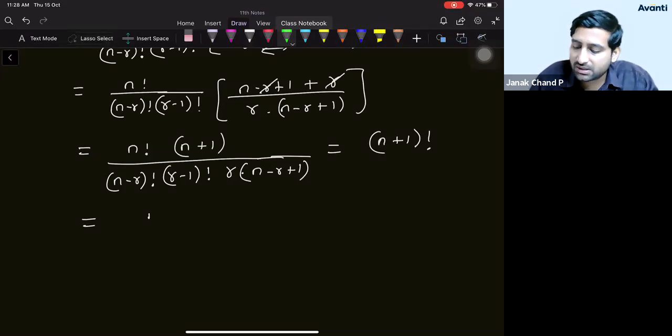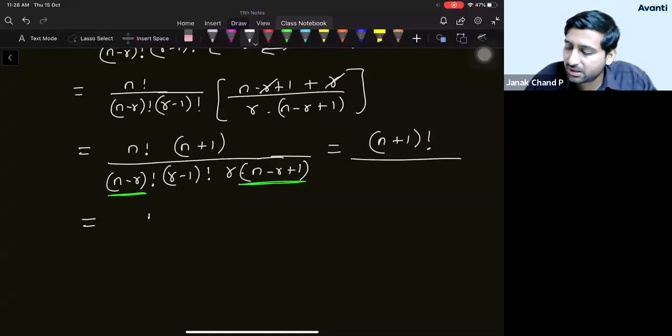In the same way, in the denominator, this n minus r factorial is multiplied with its next number, right? So if I club these two green ones, it will be the factorial of the next number. So in the denominator, you will get n minus r plus 1 factorial. Not only that, students, even these two are like you have a factorial multiplied with its next number.